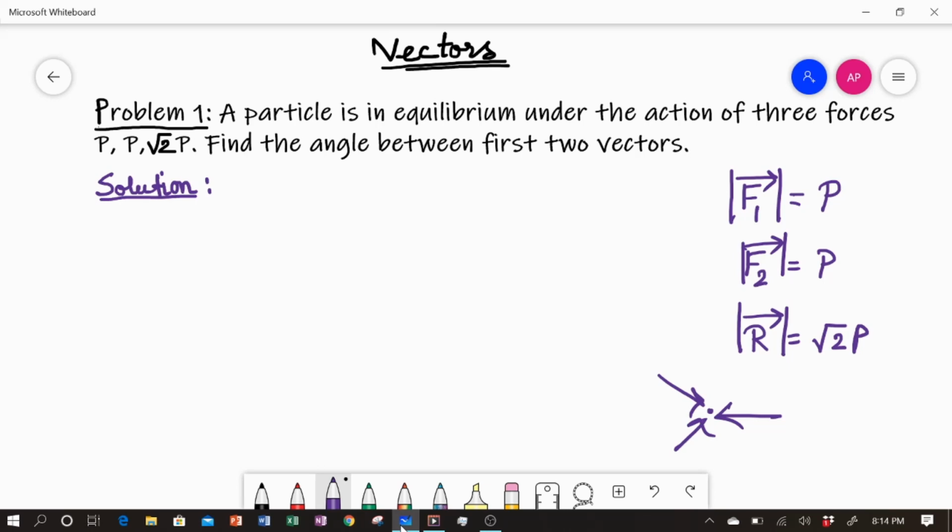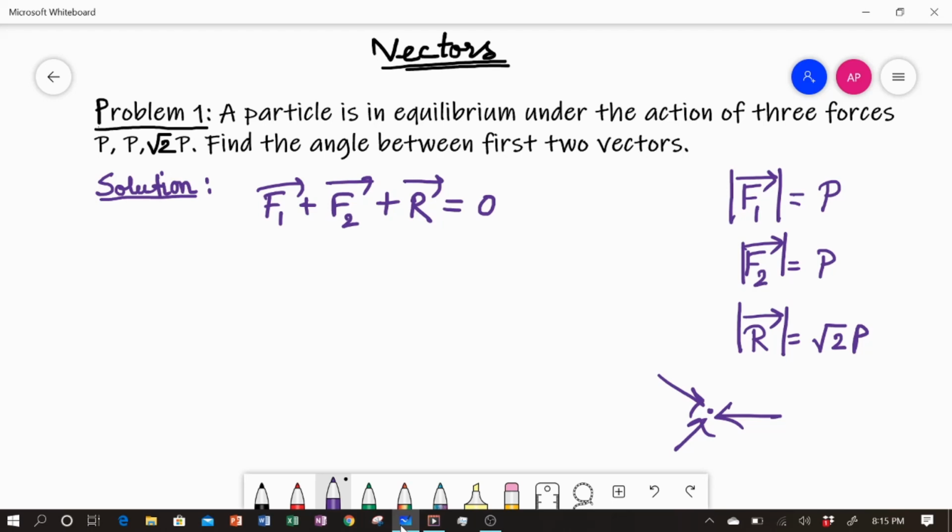We don't know at which angle or in which direction they are acting, but we know that the resultant of these three forces must be zero, so that the particle stays in equilibrium.